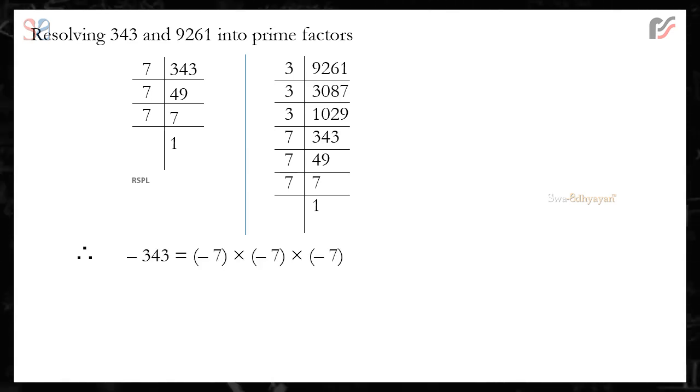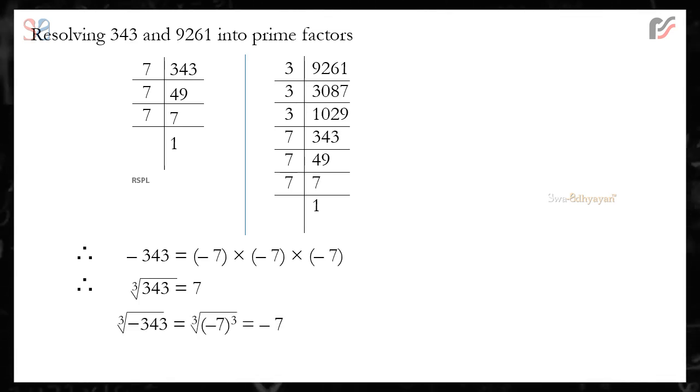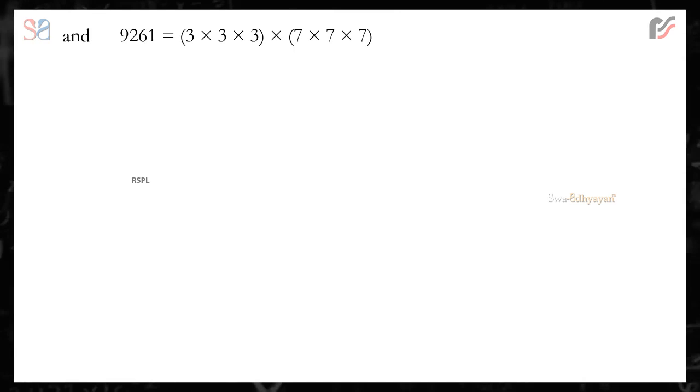Therefore, minus 343 is equal to minus 7 into minus 7 into minus 7. Therefore, cube root of 343 is equal to 7. Cube root of minus 343 is equal to cube root of minus 7 whole cube, which is equal to minus 7. And 9261 is equal to 3 into 3 into 3 into 7 into 7 into 7.